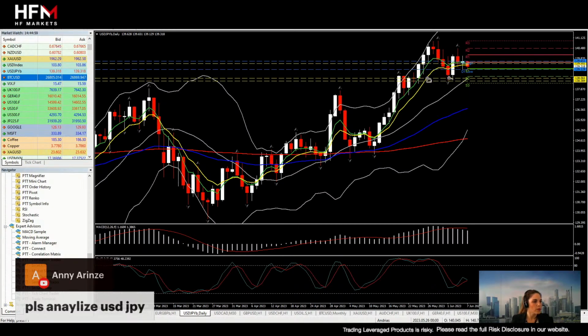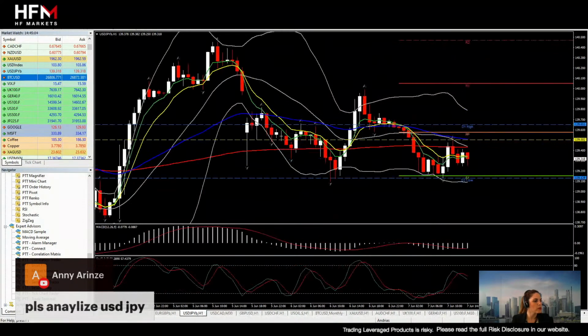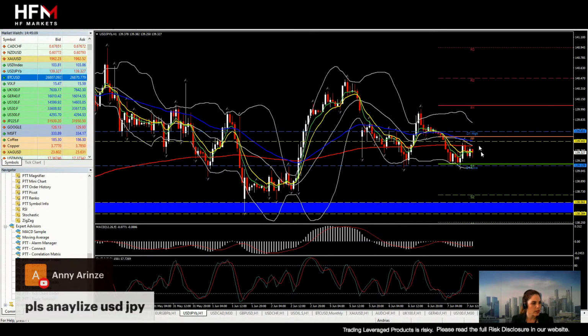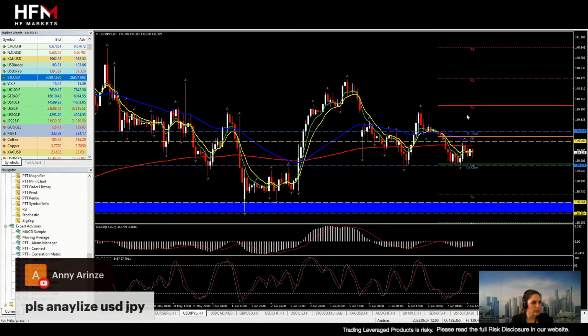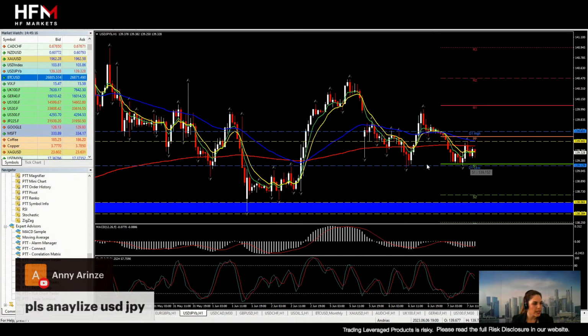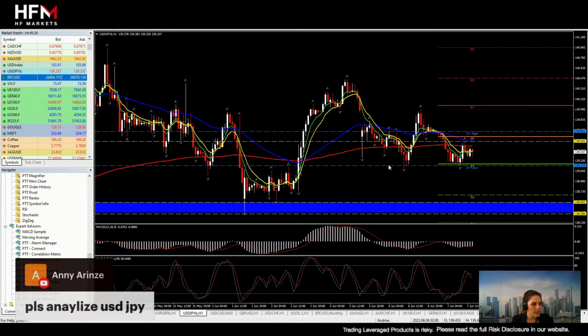So I will put this over here. Now we'll get back to the 1 hour chart because I want to show you something. Look at that. So I know I have a lot of lines, so I'll delete some. Okay. So what I want to show you over here is that if the asset breaks the low of the day, which also coincides with yesterday's low level, so 139.10 or around 139 level.